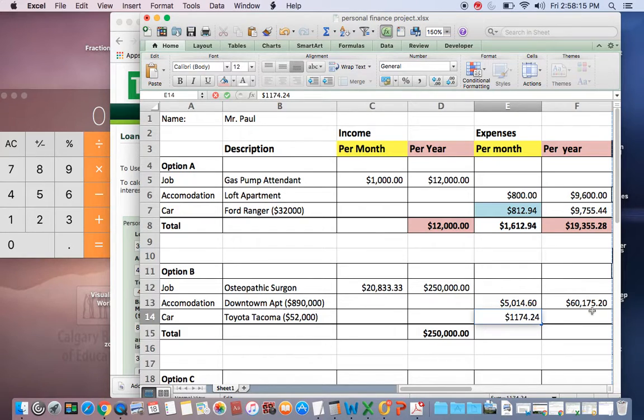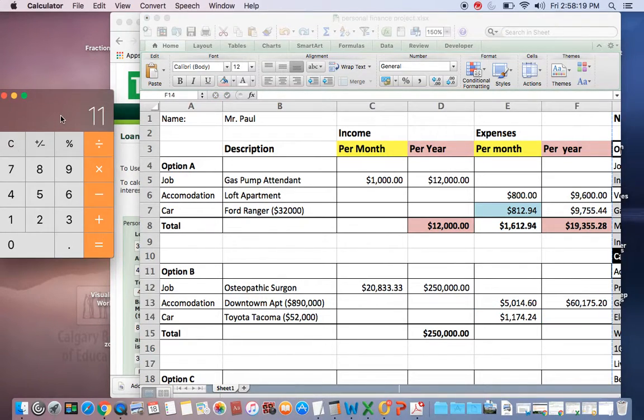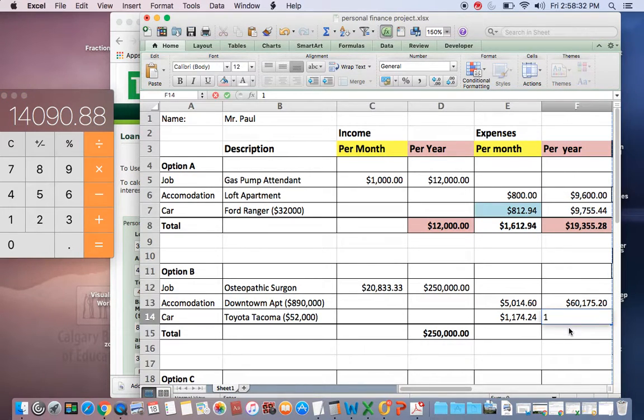Now I want you guys to write this stuff all out by hand this time. So 1174.24. However, if you would really prefer times 12 months in the year, I get $14,090.88.